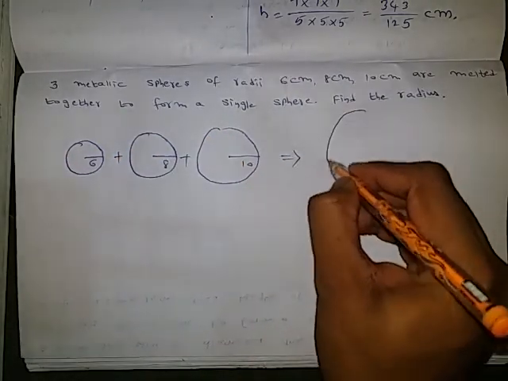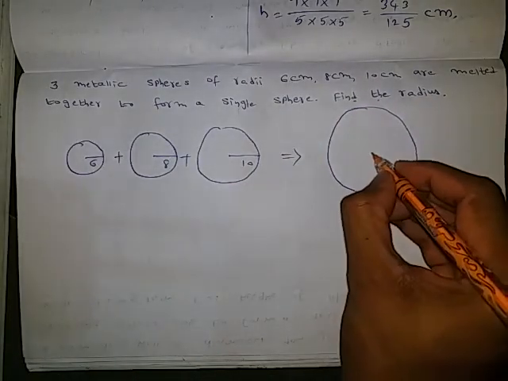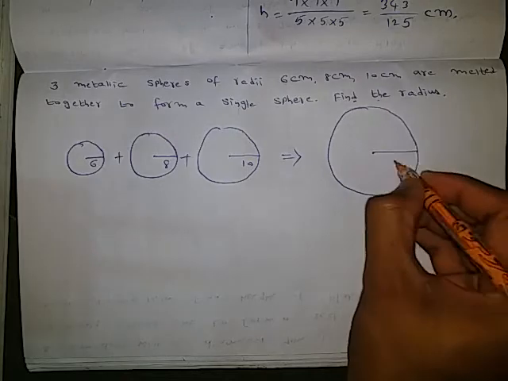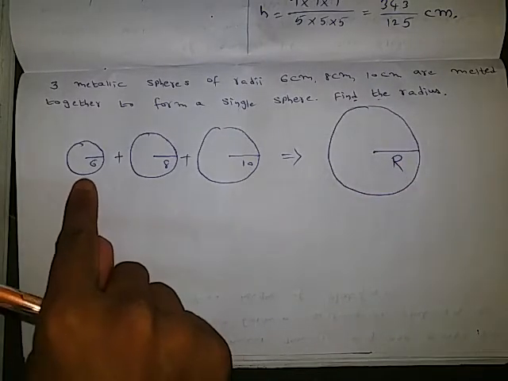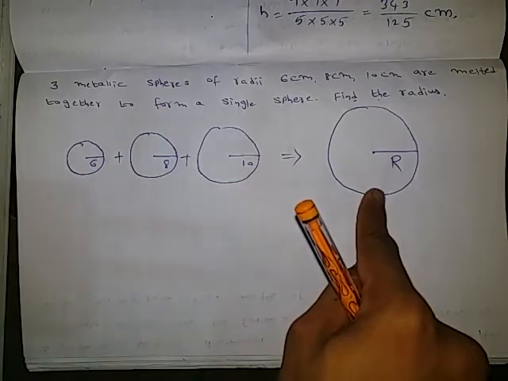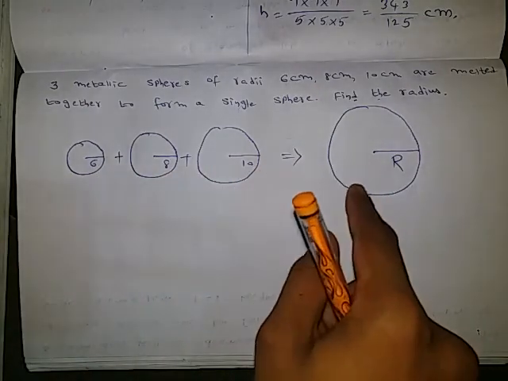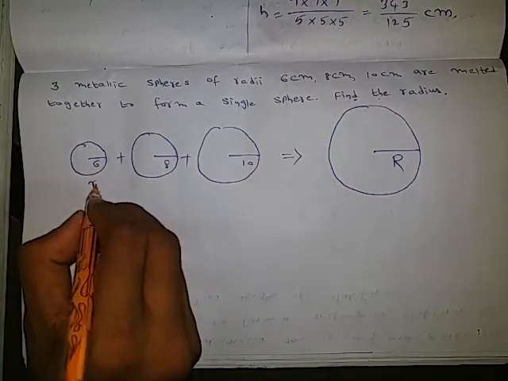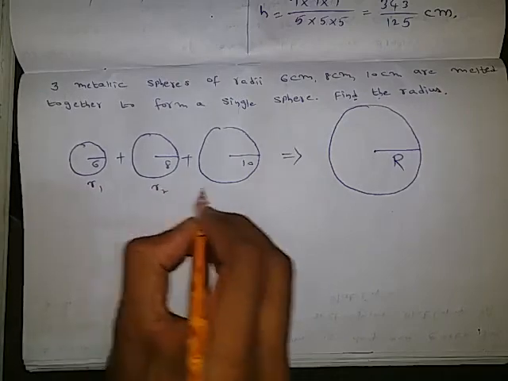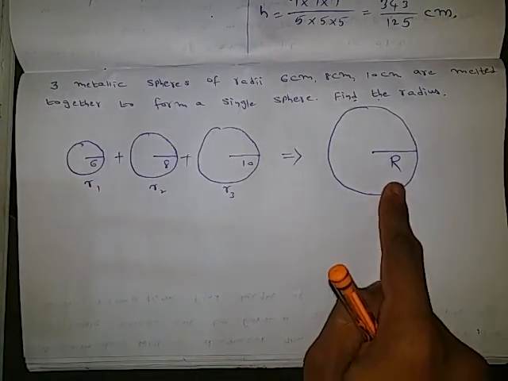We are getting one single solid sphere. Then find the radius of that particular sphere. What is the radius? Here all the figures have the same shape, that is sphere, and all the spheres have a radius. So that's why I am writing the first sphere radius as r1, second one as r2, third one as r3, and the resulting sphere as capital R.